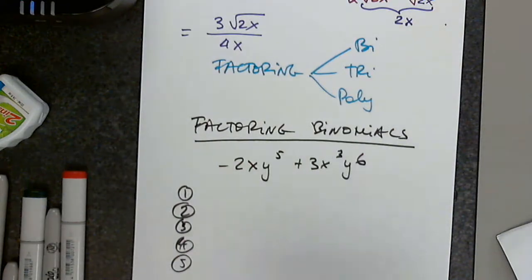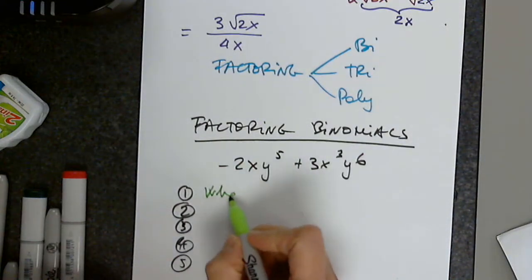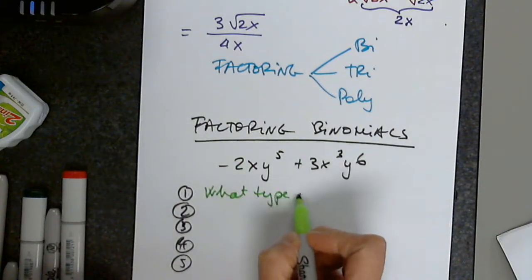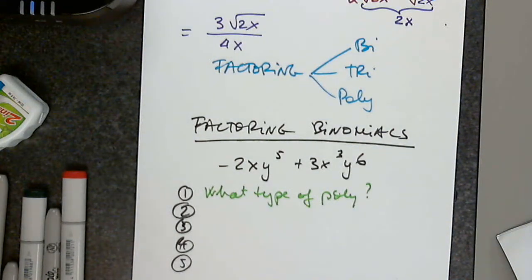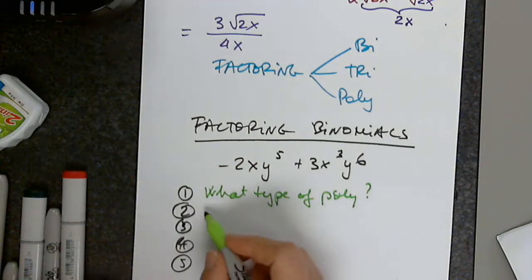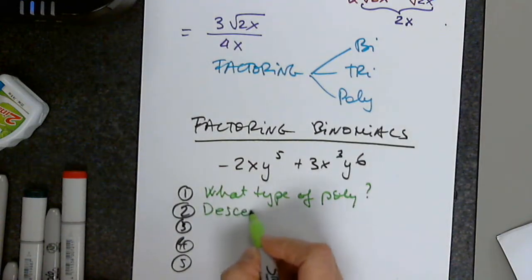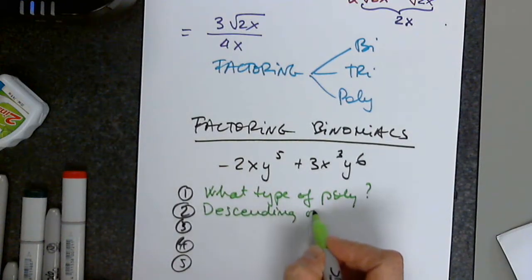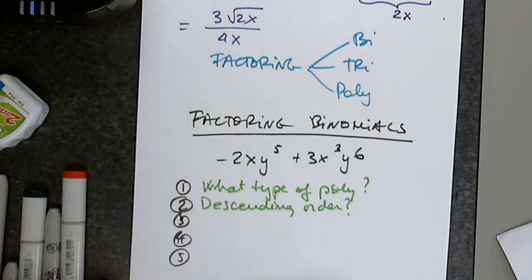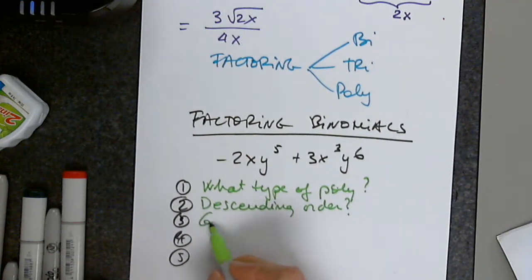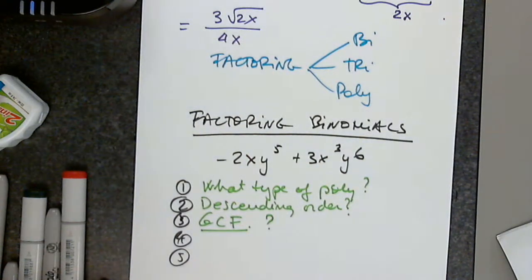The first 4 steps go very quickly. First step, I'm asking myself, what type of polynomial? And the answer would be binomial. In the second step, is it in descending order? In step number 3, greatest common factor. If there is a greatest common factor, I have to factor it out.